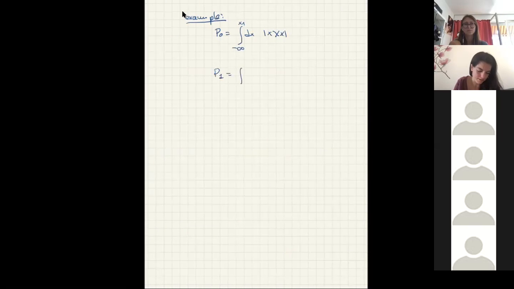P1 is the integral from x1 to x2 of dx |x><x|. And P2 is the integral from x2 to plus infinity of dx |x><x|. Okay. Are these projectors?